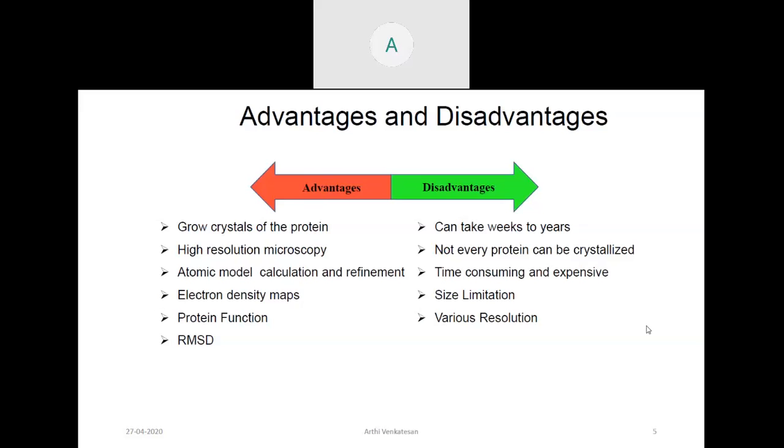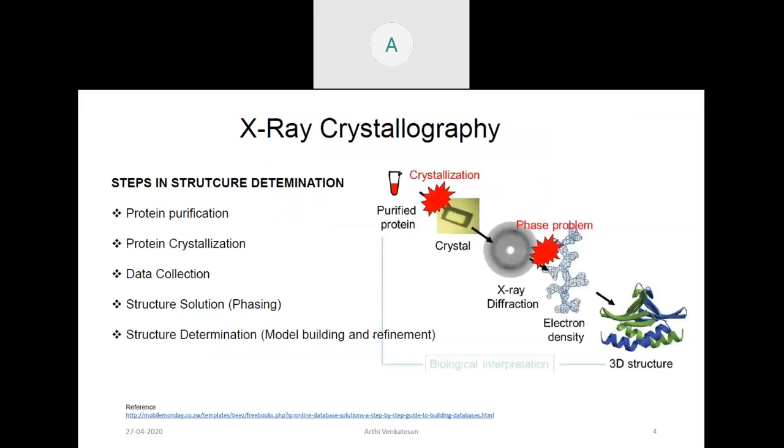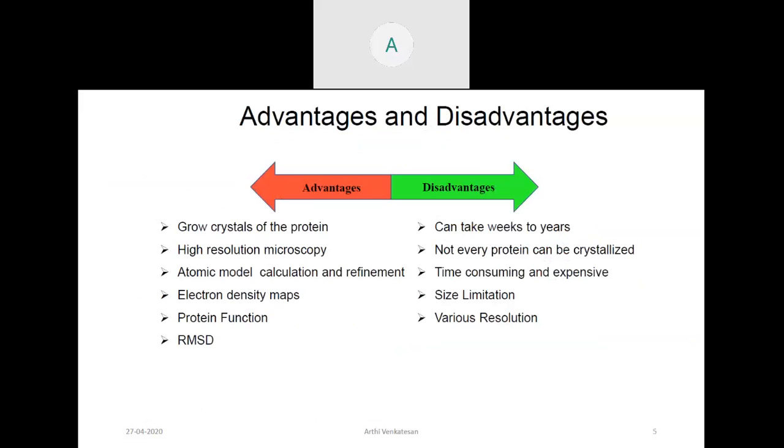It will take weeks to years, as I mentioned earlier in my previous slide. If there is a phase problem or crystallization problem, then again you need to redo it from the start. It will take time, right? Not every protein can be crystallized. If you are going for a membrane protein, it is very difficult to get the protein structure, and it is very time consuming as well as an expensive method.